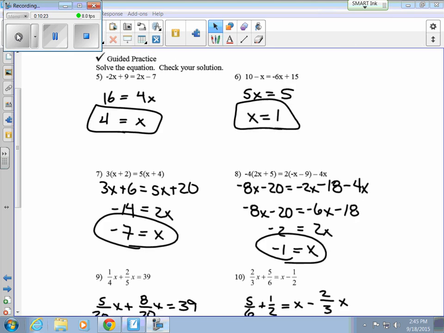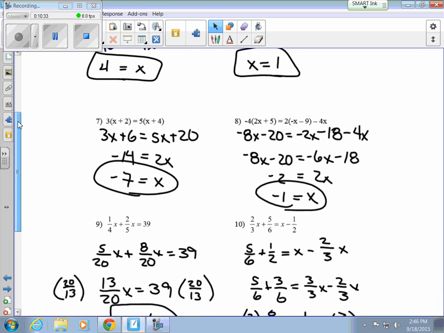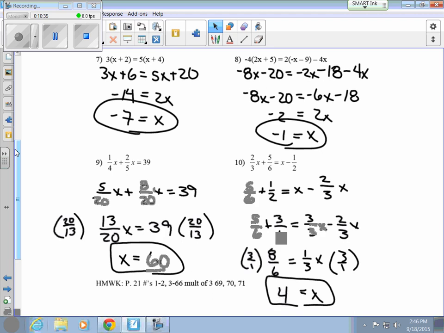And here are the answers to guided practice questions 5 through 10. Notice in questions 9 through 10, I got a common denominator in those problems. If you want to turn those into decimals, you can do that as well, but make sure you know how to use common denominators.